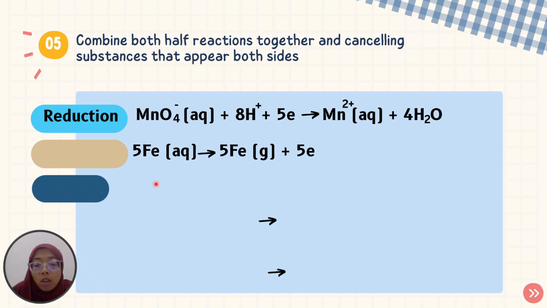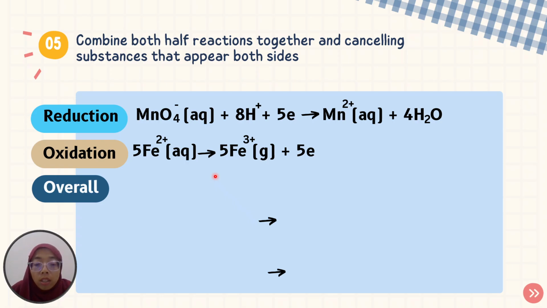Next, for the oxidation, the half reaction is 5 Fe2 plus forming 5 Fe3 plus plus 5 electrons. Since the electrons for reduction and oxidation are similar, 5 electrons, we can combine the overall reaction. So now write the overall reaction.